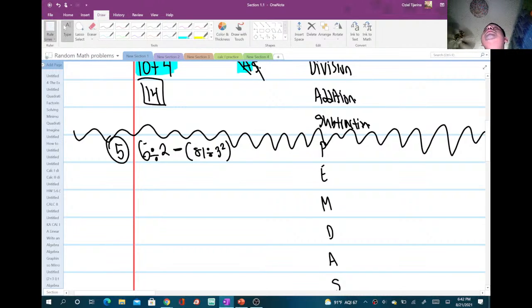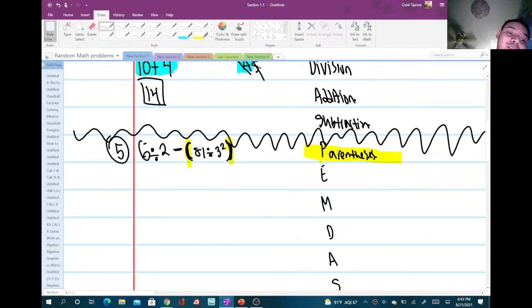Okay, so again, we're doing parentheses. Do we see any parentheses here? This is a parentheses right here. These two are parentheses. I'm literally outlining them. So those are what parentheses are, and we're working whatever's on the inside of the parentheses, okay?